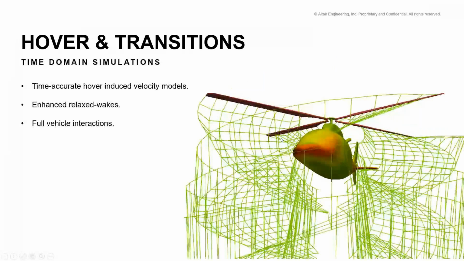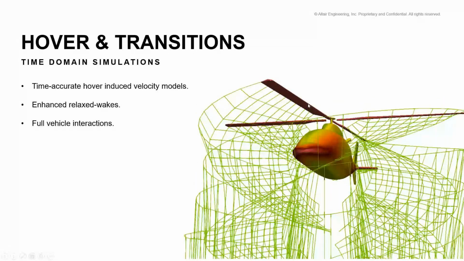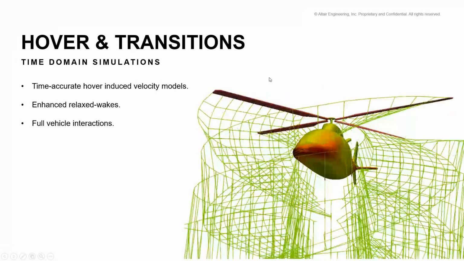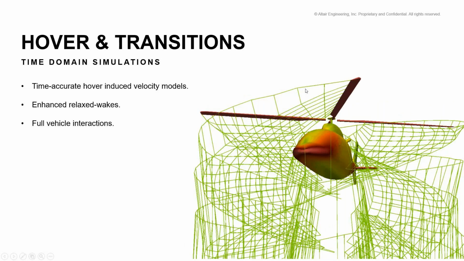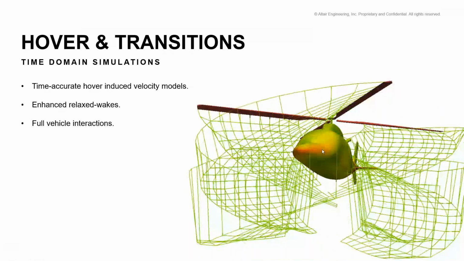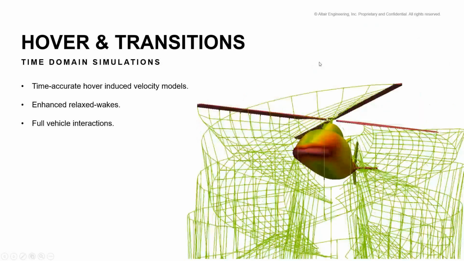So hover and transitions, the time domain simulations, so not restricting things to just steady state, we are talking about unsteady here. Hover kinds of motions you can also do, where we are talking about just a second. We can capture enhanced, relaxed wake regions.